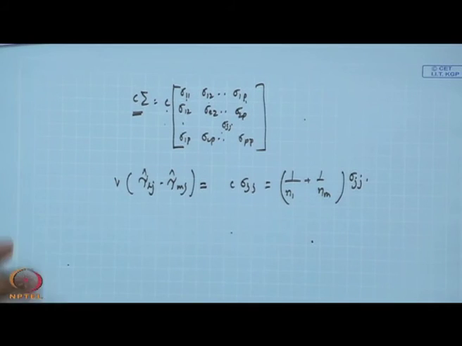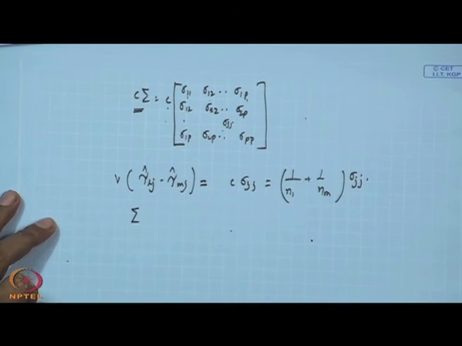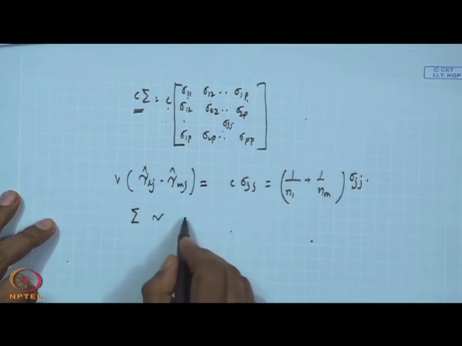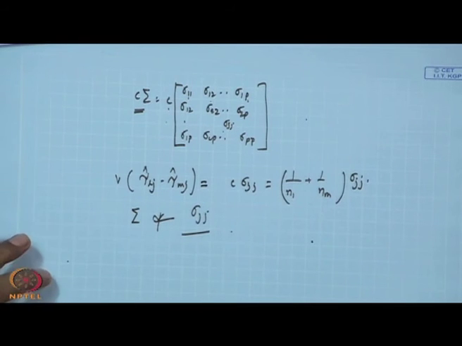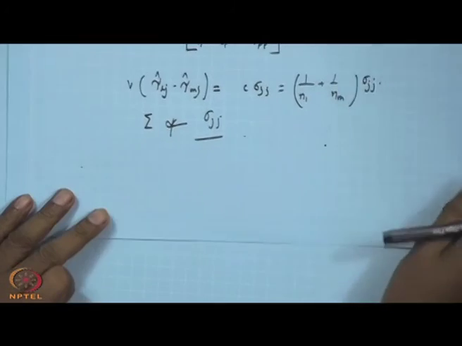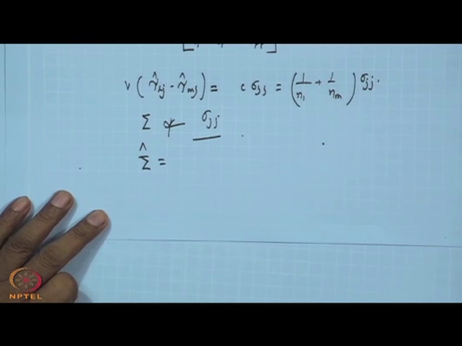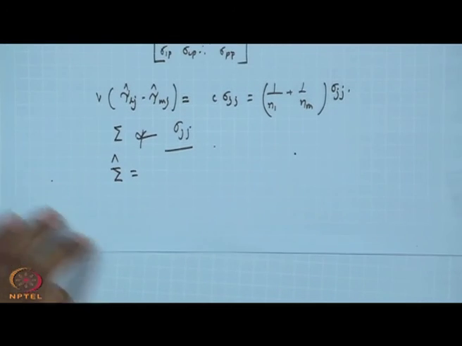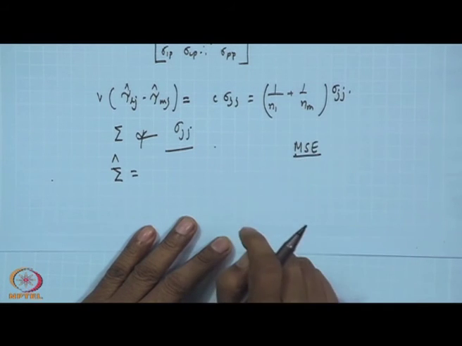But please remember, we do not know the capital sigma, so we do not know sigma jj either. What will be the estimate of sigma cap? In ANOVA, you can remember, the mean square error is the estimate of sigma square.